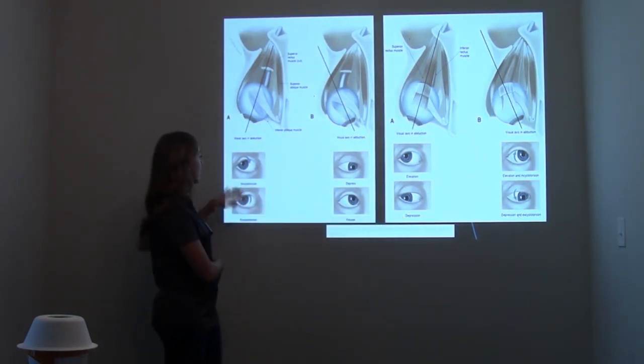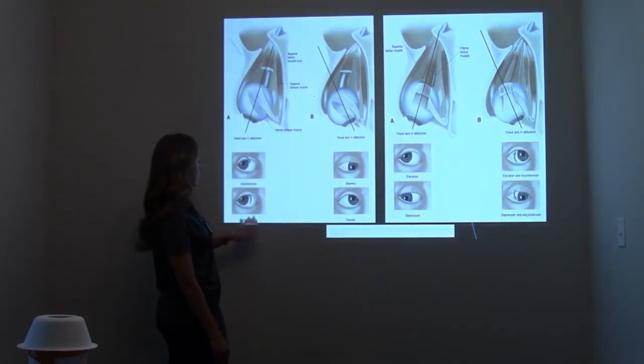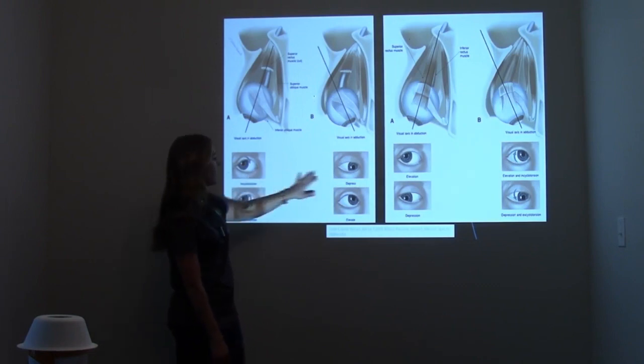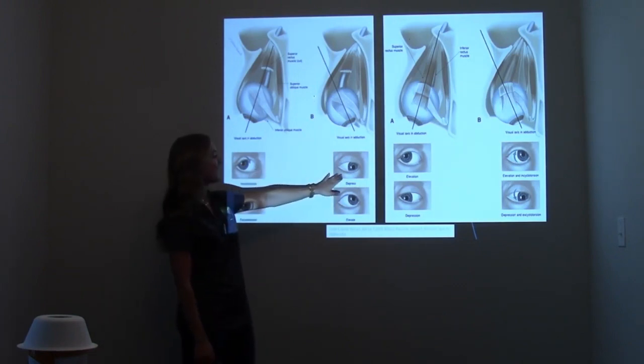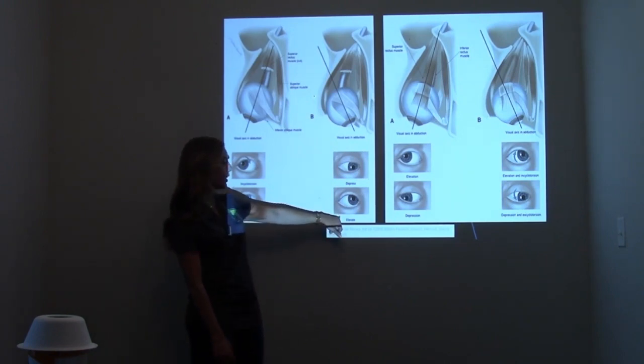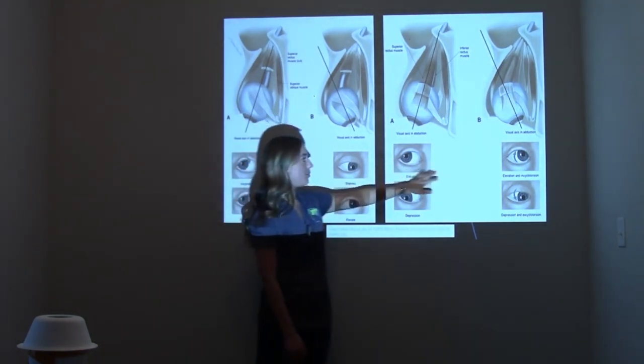It's showing how the superior oblique is going to depress our eye and incyclotort, and then this is talking about our inferior oblique excyclotorting and elevating the eye, and then same thing with the rectus.